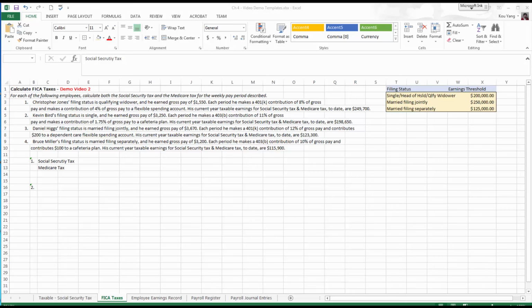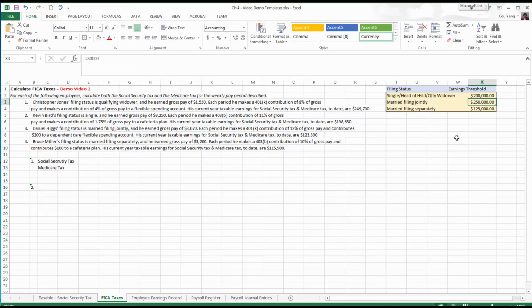With this chapter and with Medicare tax, during the beginning of 2013, an additional Medicare tax of 0.9% was imposed on individuals whose earnings exceeded specific levels. As you can see here, if you were single, head of household, or qualifying widower, and your earnings totaled $200,000 or more, you were required to pay that 0.9% extra tax based on Medicare.